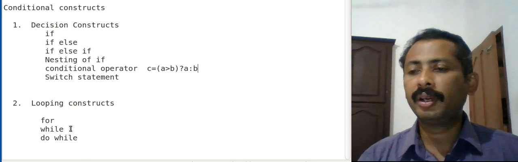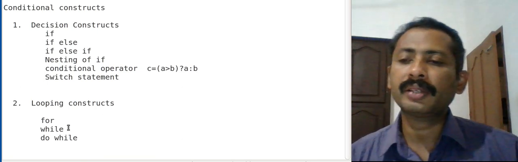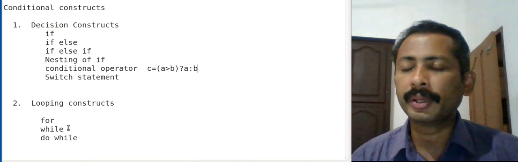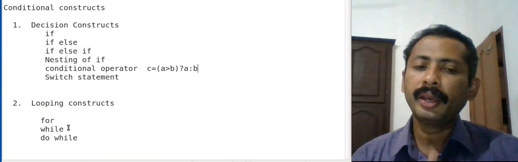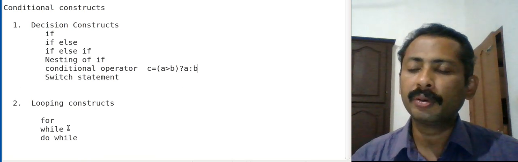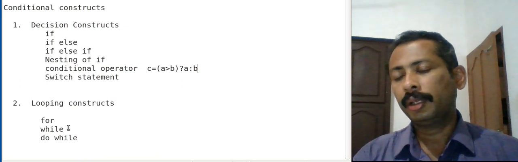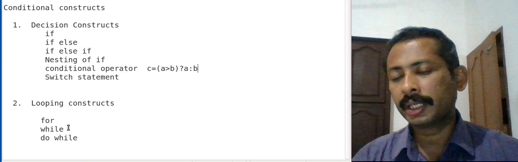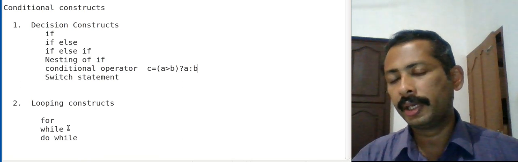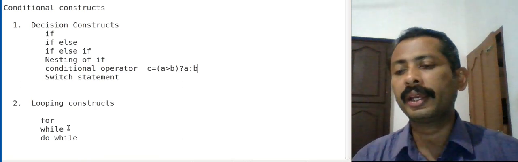Next we are looking at the looping constructs. As we saw in C++, we have 3 loops in Java also: for loop, while loop, and do while loop. The necessity of the looping constructs is to execute the statements again and again.